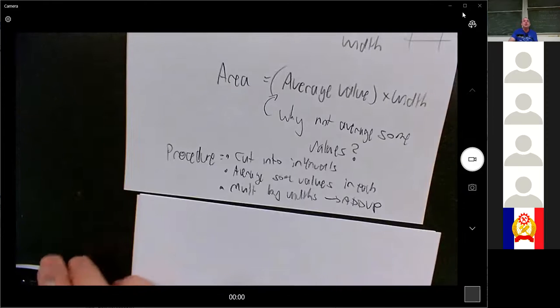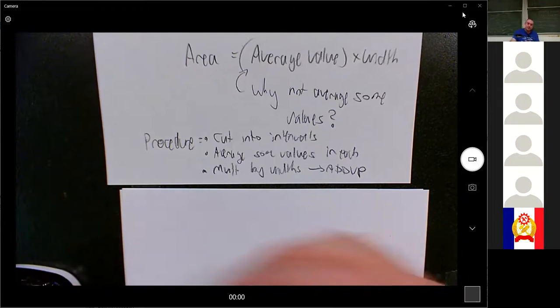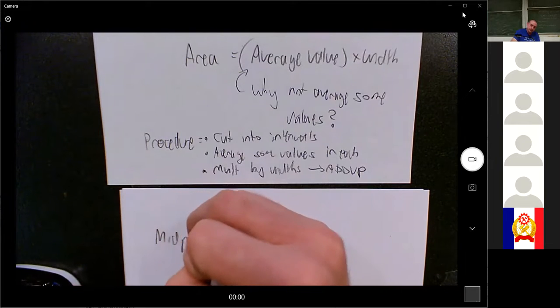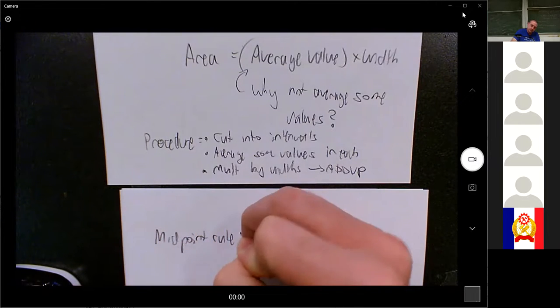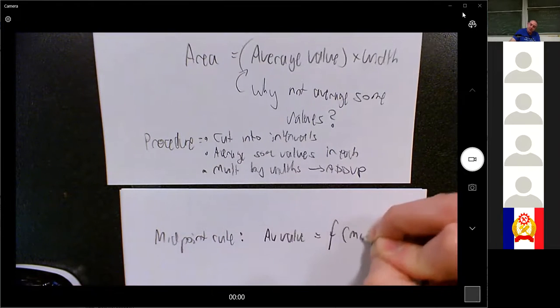Okay, so when you do the midpoint rule, you decide not to average some values, but just to pick one value as your approximation of the average value. And you go, well, the one in the middle is not the worst. The average value equals f of the midpoint.